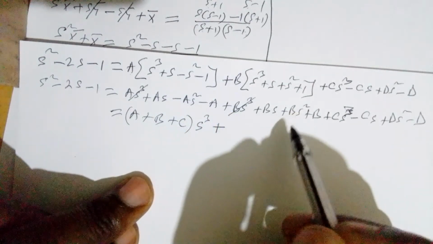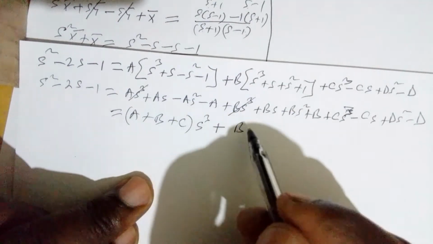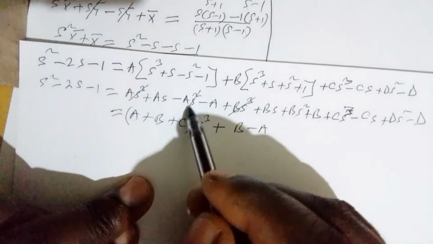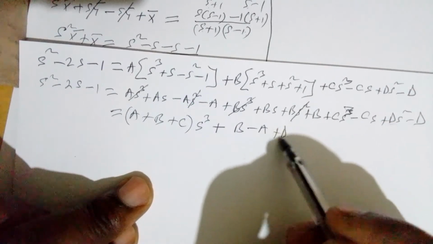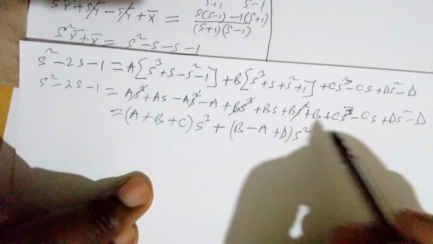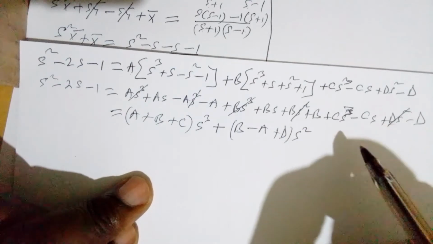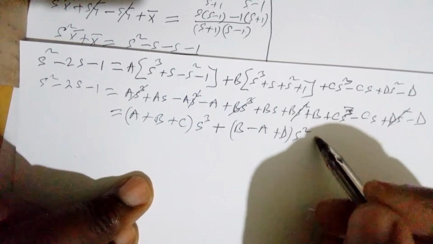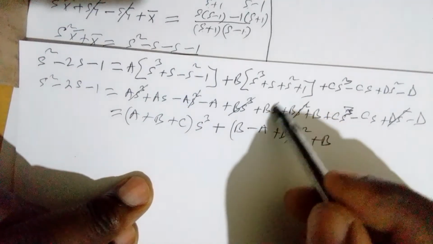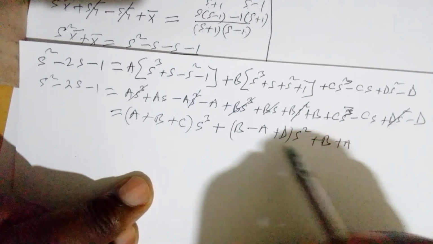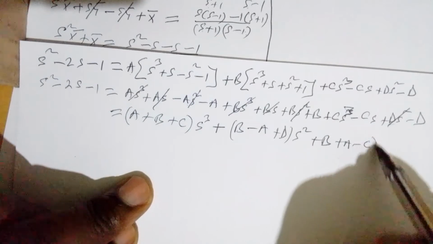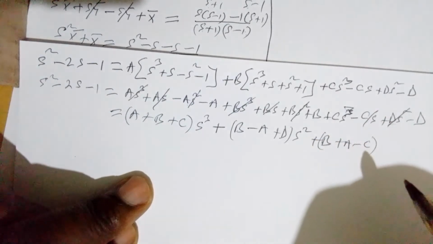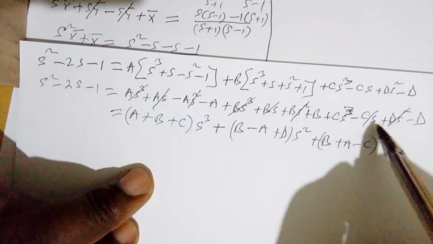We can start with the positive, B, then minus A, and then we have plus D, then we have s squared. Then those that have s, we can start with the plus B, which is this one, then plus A, which is this one, then minus C. Then we remain with the constant terms.